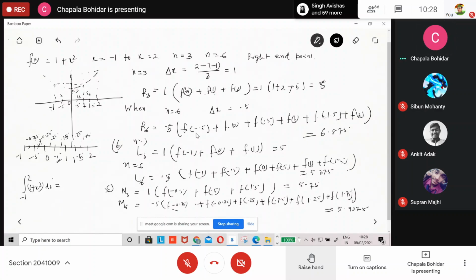Integrate. It is x plus x cubed by 3, from minus 1 to 2.